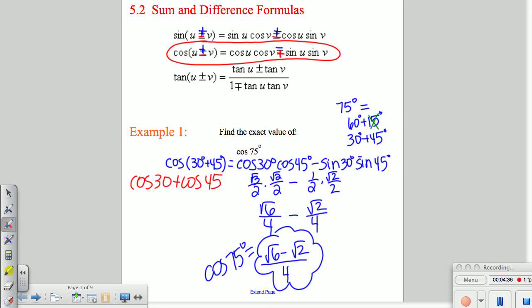The cosine of 45 degrees is root 2 over 2. And here I would get root 3 over 2 plus root 2 over 2 all over 2. And you'll notice these aren't the same thing. This is not possible. Instead, you have to use that formula.